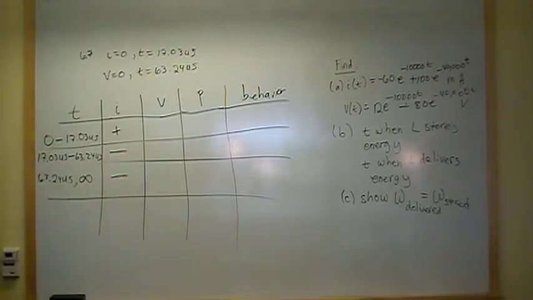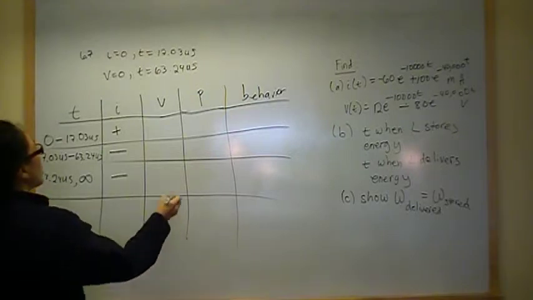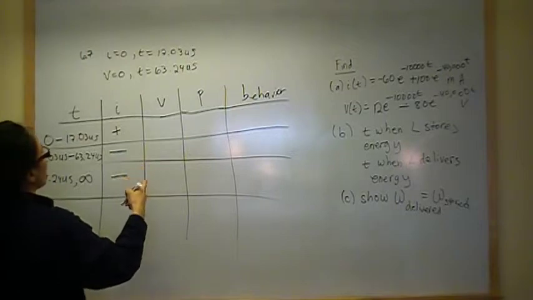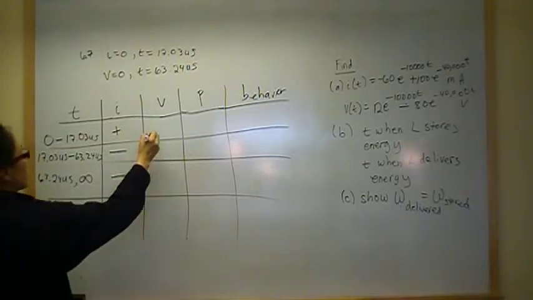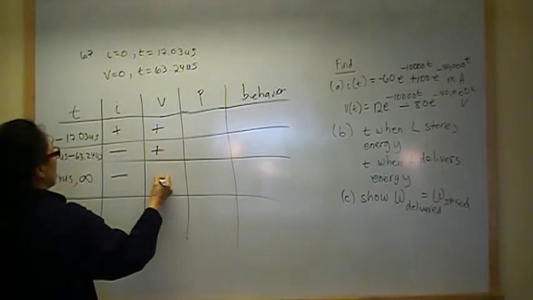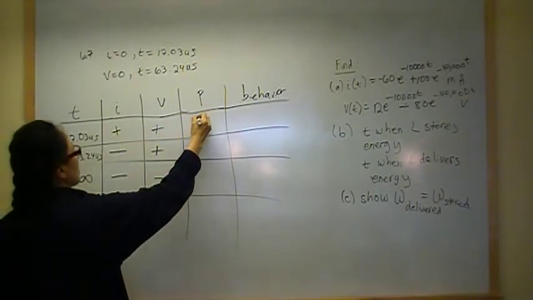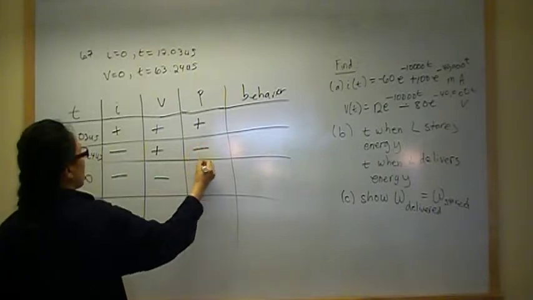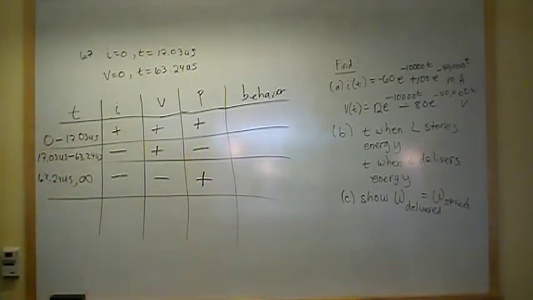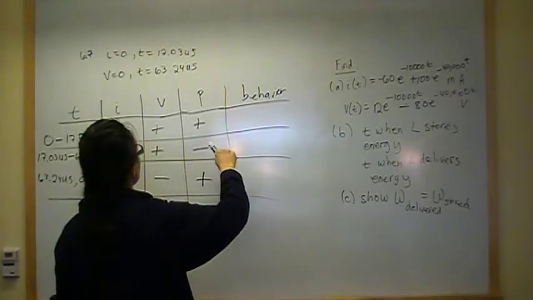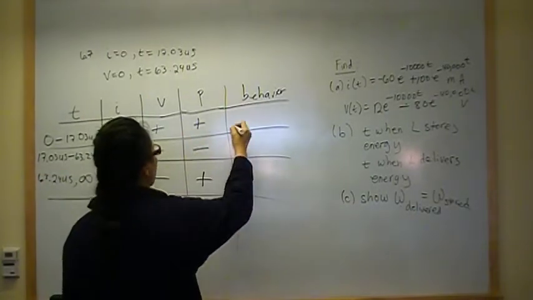Voltage is an increasing function, so before 63.24 it is positive, and then after that it is negative. Power is voltage times current, so it's positive here, positive here, right? Because the negative times the negative is positive.